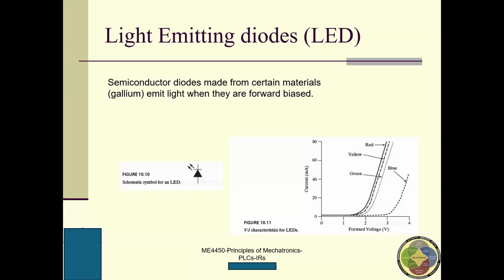Okay, so you can see the forward voltage, and based on the forward voltage you have the current, and you will have different colors of LED, and this makes the decoration very colorful: green, blue, yellow, and red. This is very, very beautiful. Questions so far?